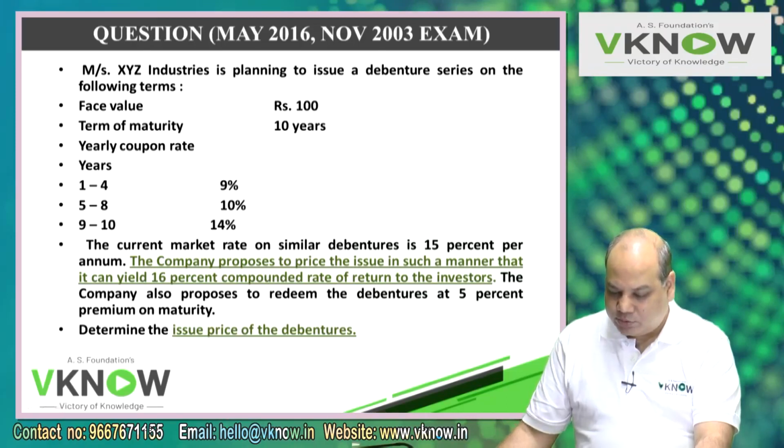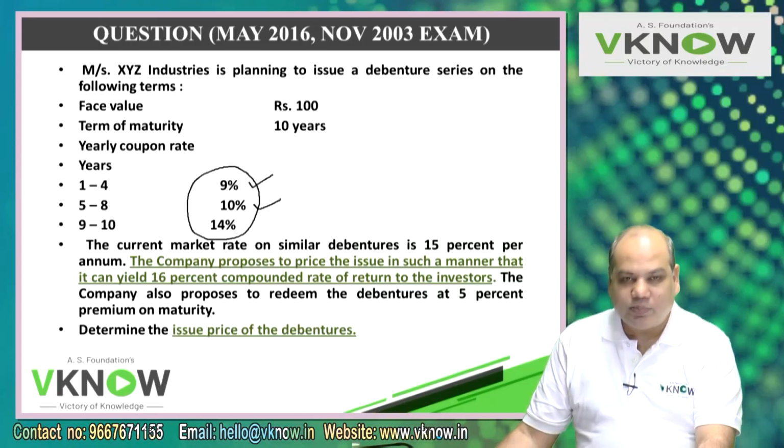Now this problem is very different because the coupon rate they have promised will be 9% for the first 4 years. Coupon rate will be 10% during the period from year 5 to year 8, that is 5, 6, 7, 8.